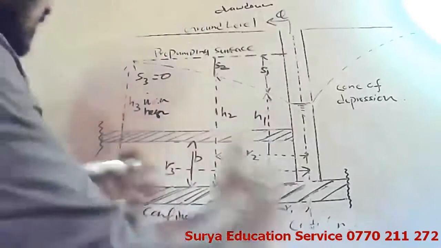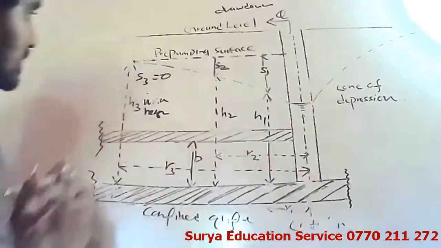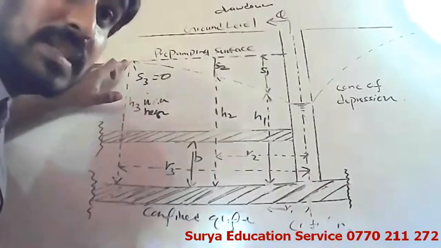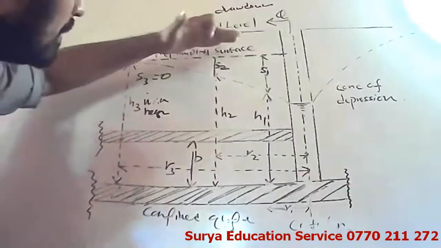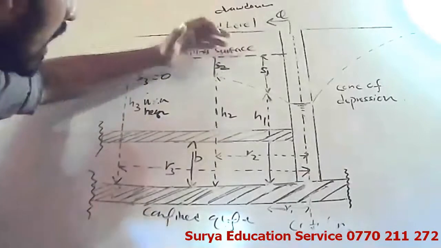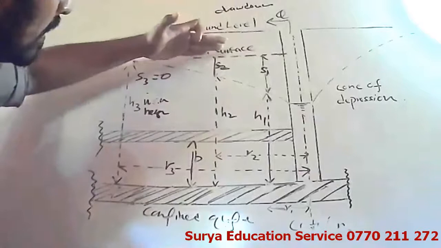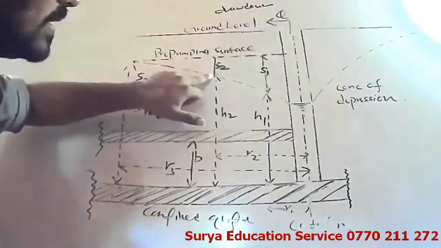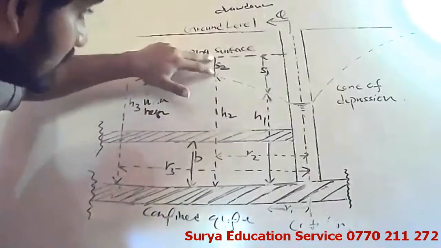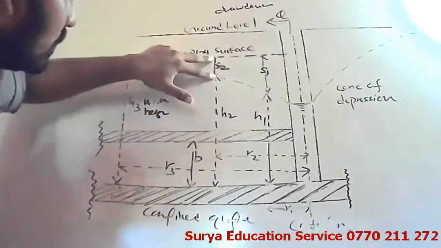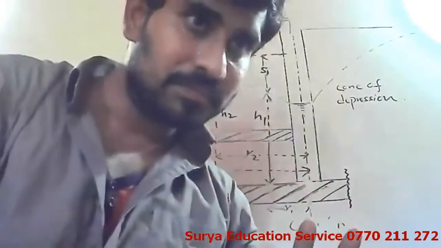And this is a special case: when the radius increases, the drawdown length will become 0. Simply, the drawdown is the vertical length between the pre-pumping surface and this depression curve. That means it is a line that you sketch from this pre-pumping surface till it meets this curve, this vertical. I think that is clear, right?